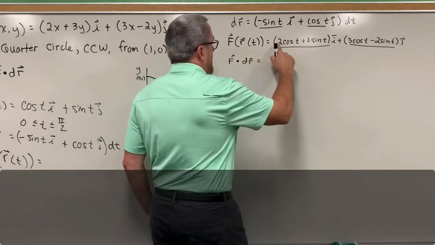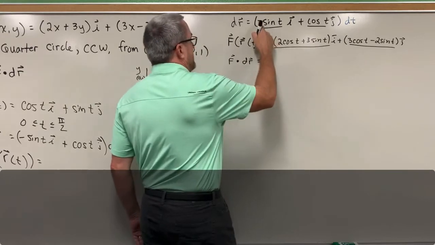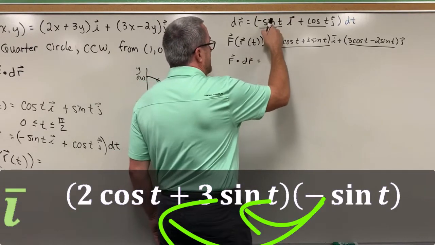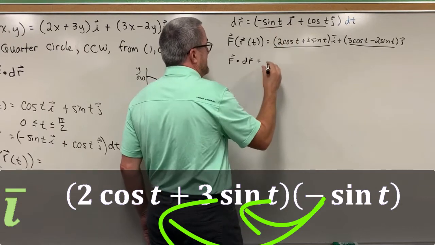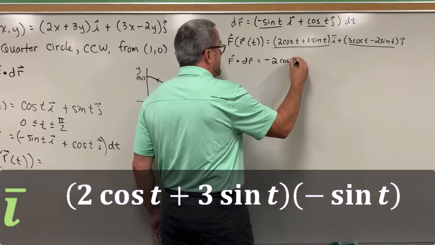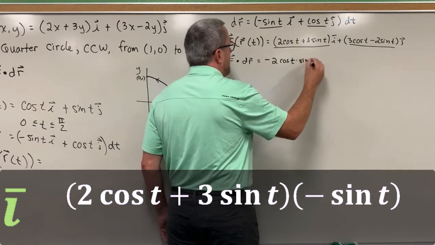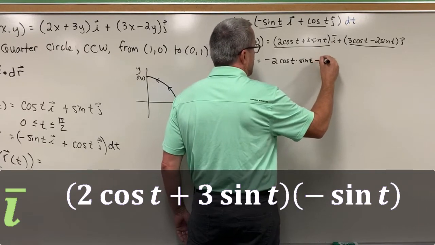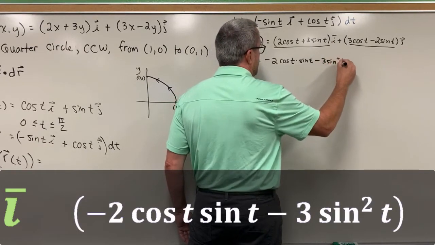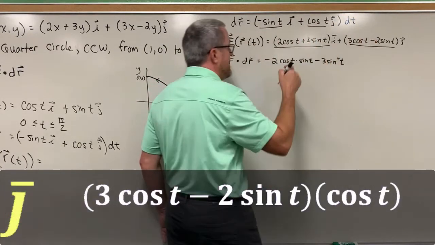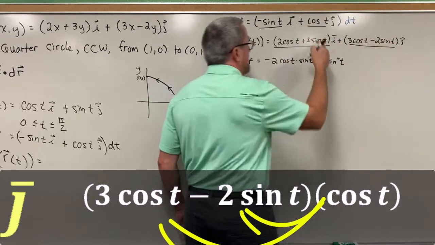So let's do that. When we multiply the i component times the i component, now we have to distribute that negative sine of t on through. So negative sine of t times 2 cosine t will be negative 2 cosine t times sine t. Negative sine of t times 3 sine of t, so minus 3 sine squared of t. And then the j component times the j component, again distributing that through.